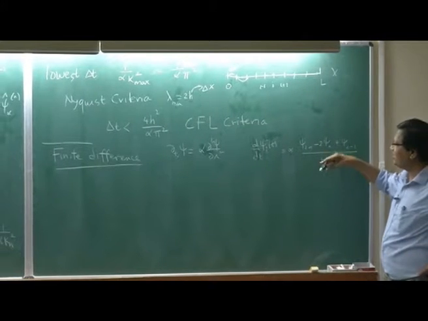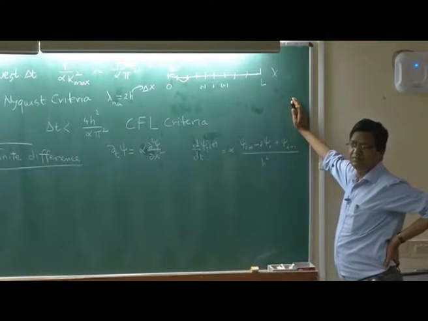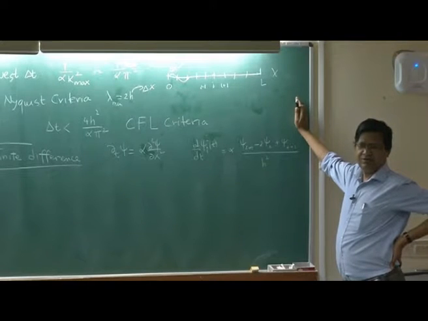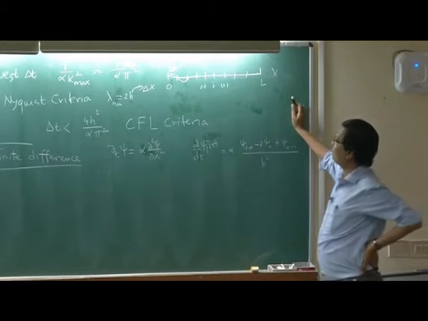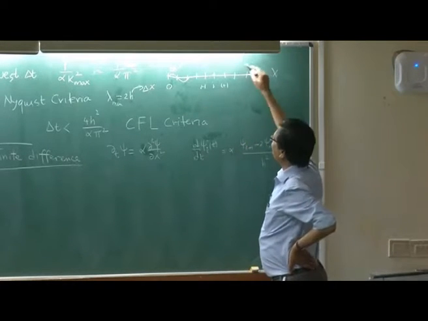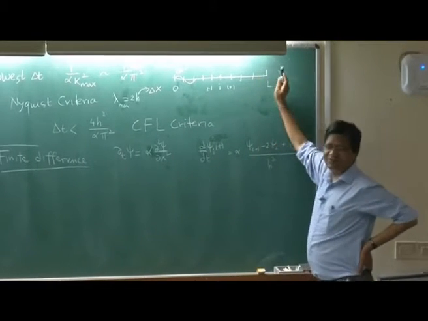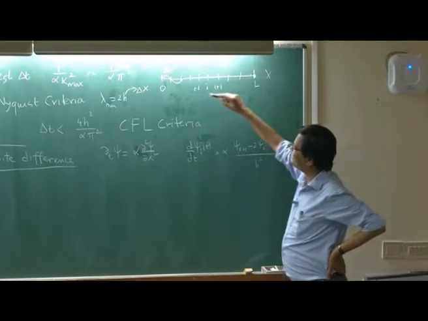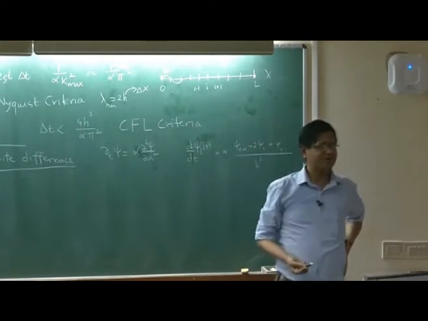So what have I done? I got ODEs. How many ODEs have I got? Equal to the number of points. So let's say there are n points, but you have to be careful. Should I time step the function here and here? Should I time step it or not?